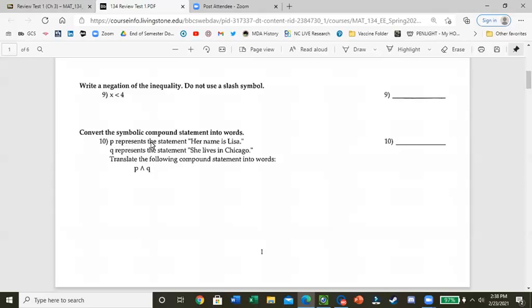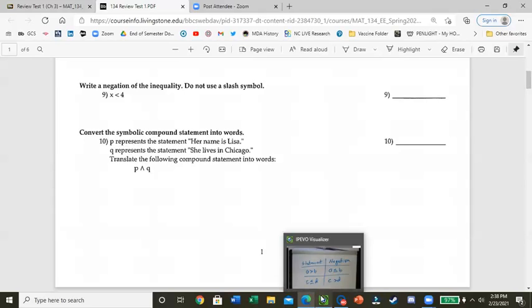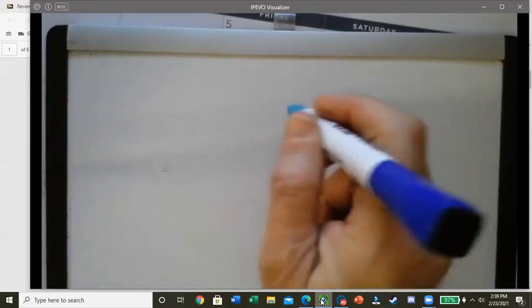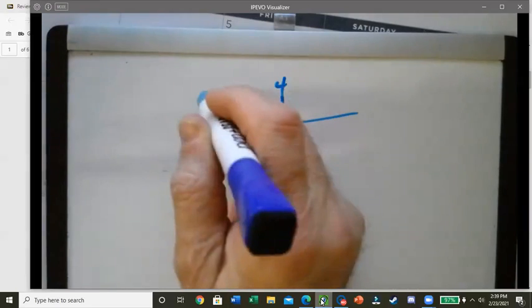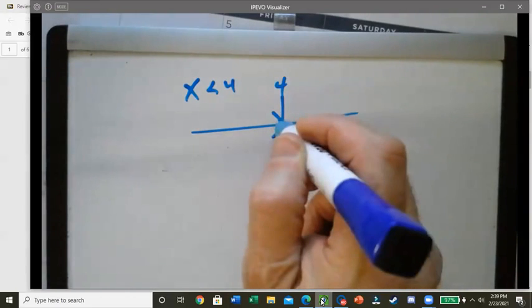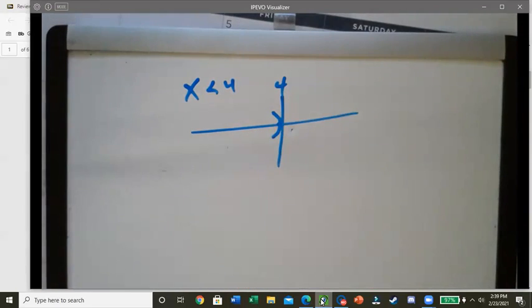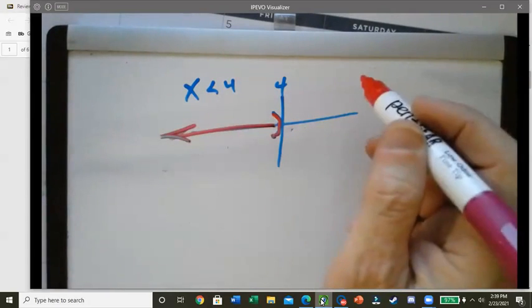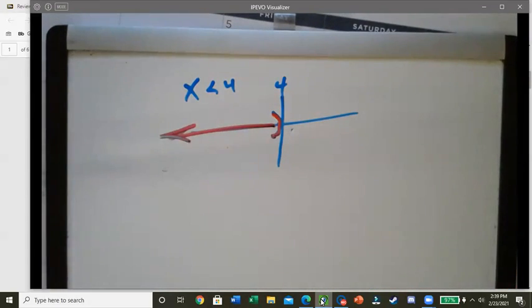Okay, so if we were to look at a number line, here's 4. Here we're saying x is less than 4, so it does not include 4, and it's everything less than that.